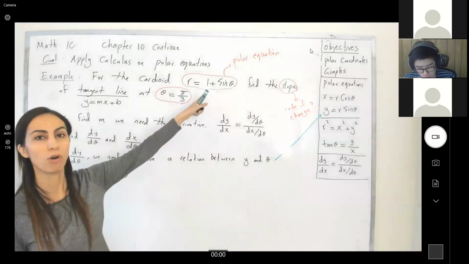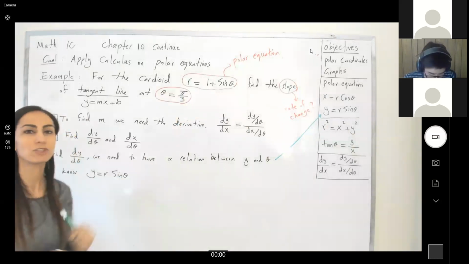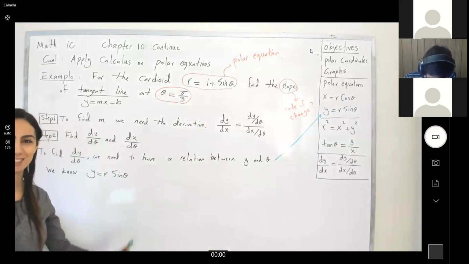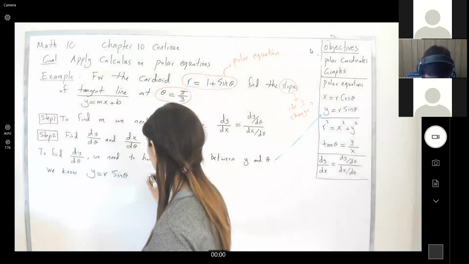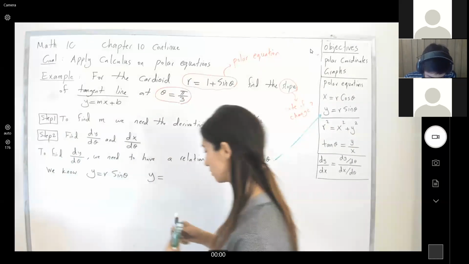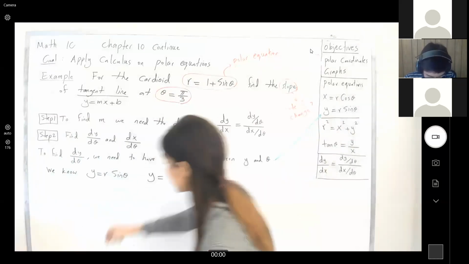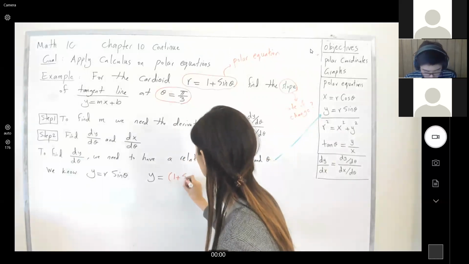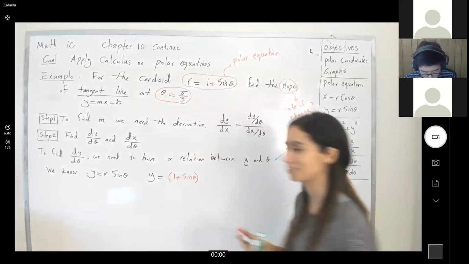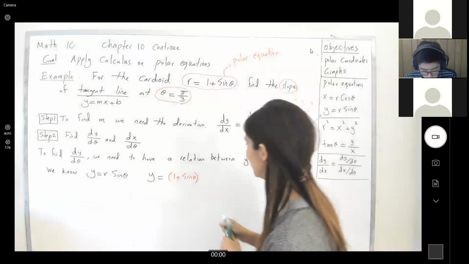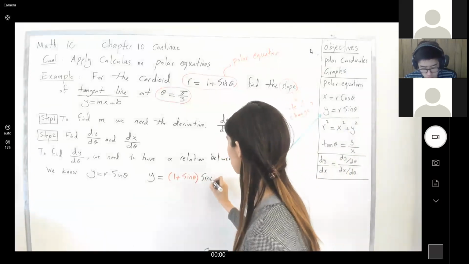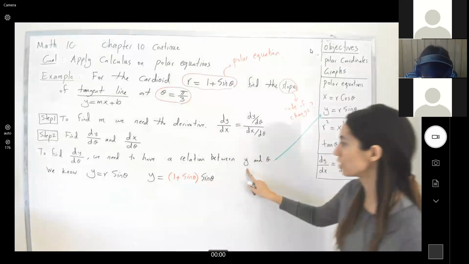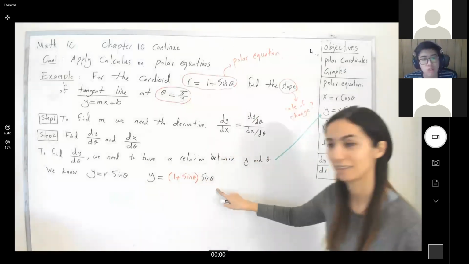Yes, this polar equation says wherever you see r, you can replace it by 1 plus sine theta. Here we go. So y is, let me use a different color so you know that I use something differently, 1 plus sine theta times sine theta. So we're happy. We found a relation between y and theta.